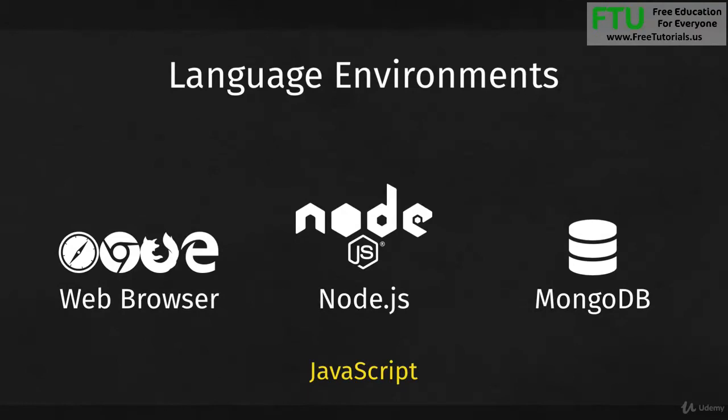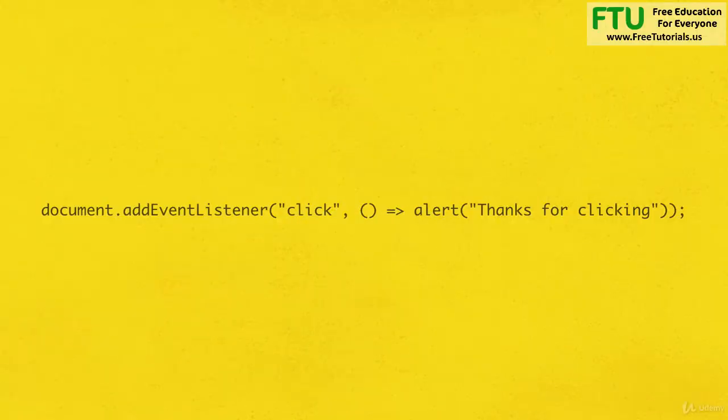So for example, here's a line of JavaScript code that you would use in the web browser environment. Now don't worry, I do not expect you to understand this code at all. I'm only showing it right now to demonstrate the difference between language and environment. So hang in there with me. This code tells the web browser to show a pop-up message that reads, "Thanks for clicking," anytime the visitor clicks anywhere on the page.